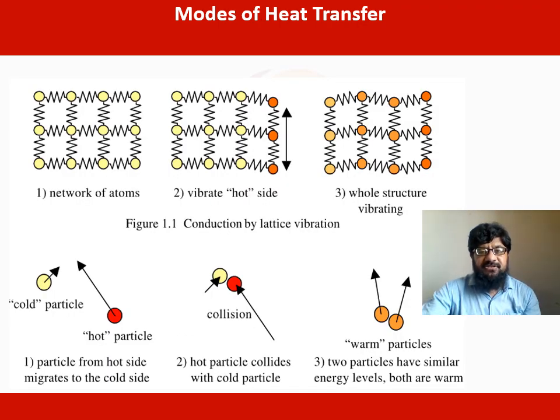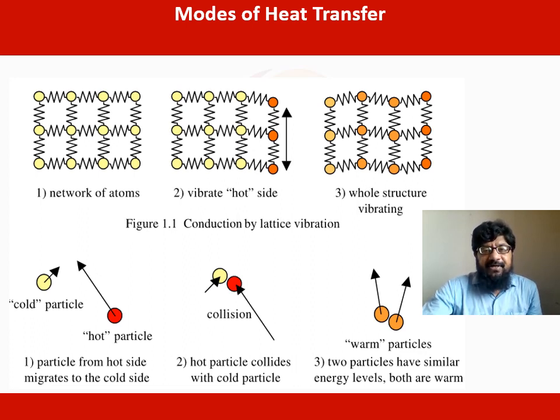Mechanism of conduction. Conduction can take place by diffusion or by the collision of molecules. So suppose there is a lattice, a network of atoms. The atom on receiving energy in the form of heat will start vibrating.